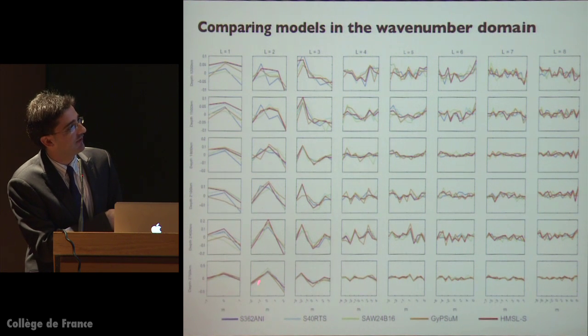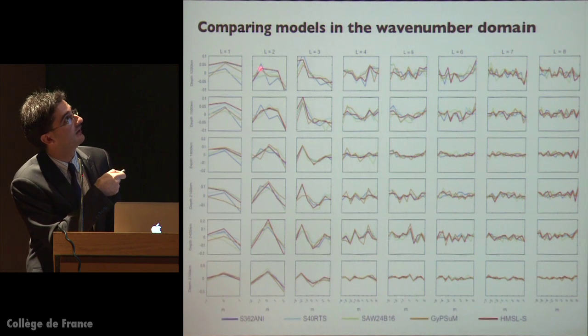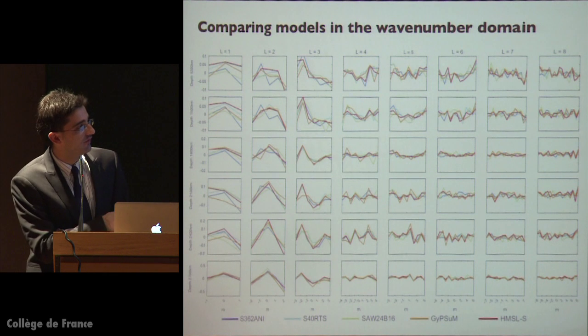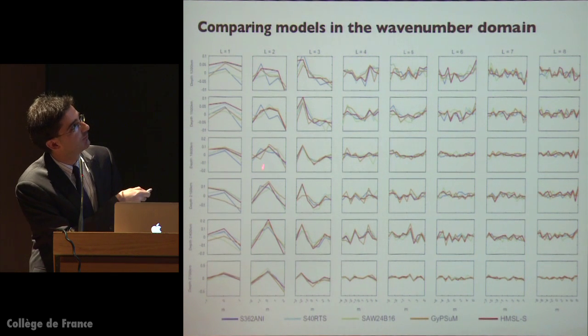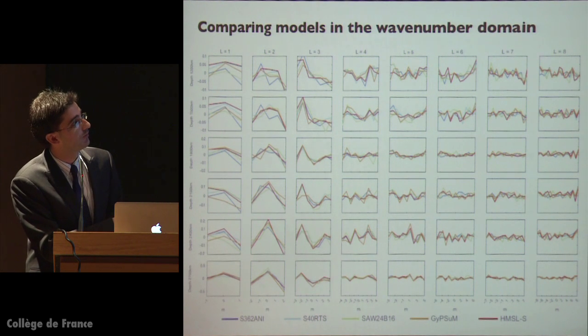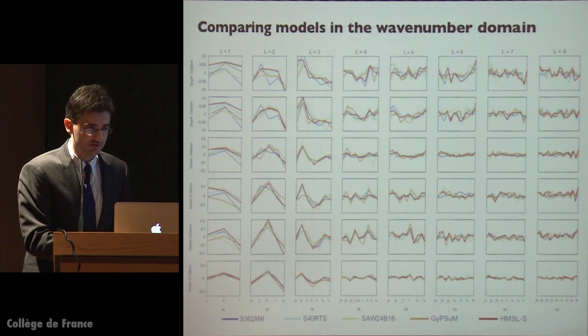There are also very characteristic patterns, for example the degree 2 pattern, a kind of recumbent L equals 2 aligned on the equator, and this pattern persists more than 1,000 kilometers up from the core mantle boundary. The degree 3 pattern is also characteristic and continues through.